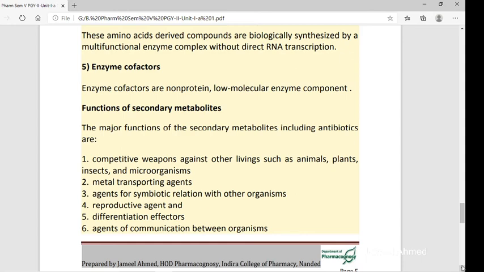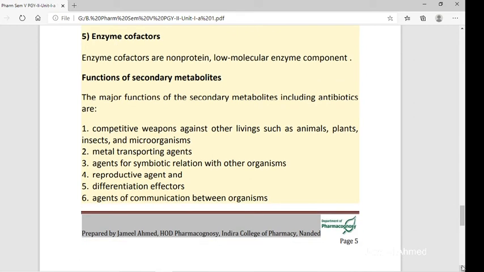They play an essential role as reproductive agents and differentiation factors, so we can differentiate from each other with the help of reproduction, meaning X chromosomes and Y chromosomes can be differentiated. They are also agents of communication between organisms.